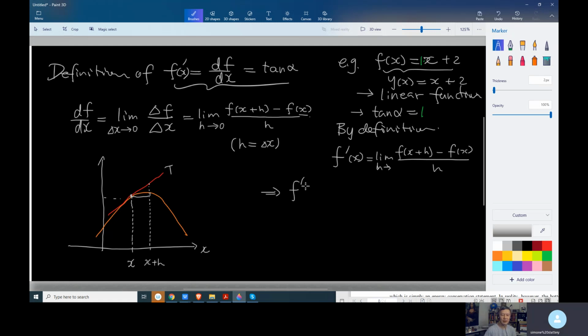So f prime now equals a limit. In mathematics, whenever we invent a symbol, we either use a single letter or the first 3 letters, so in this case the notation is lim.